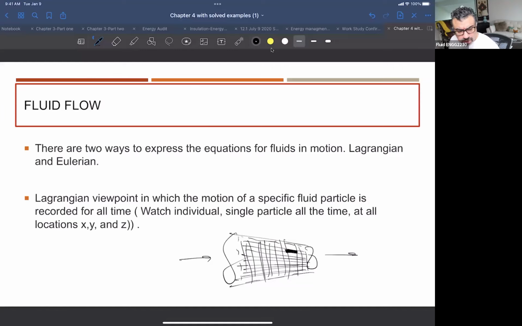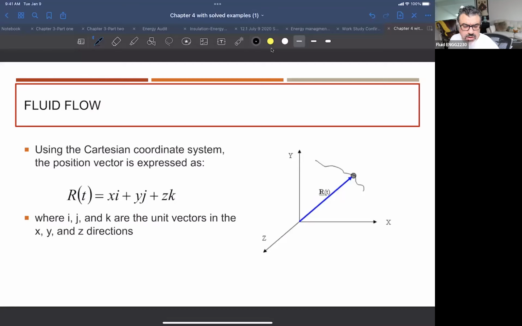I'm sure you are experts in this, but remember the position vector. The position vector is when you have a point and you are referring to the position of this point from a certain coordinate. If you are looking at the Cartesian coordinate system and I have a point like this, this may be the X component of this point, this is the Z component, and this is the Y component.